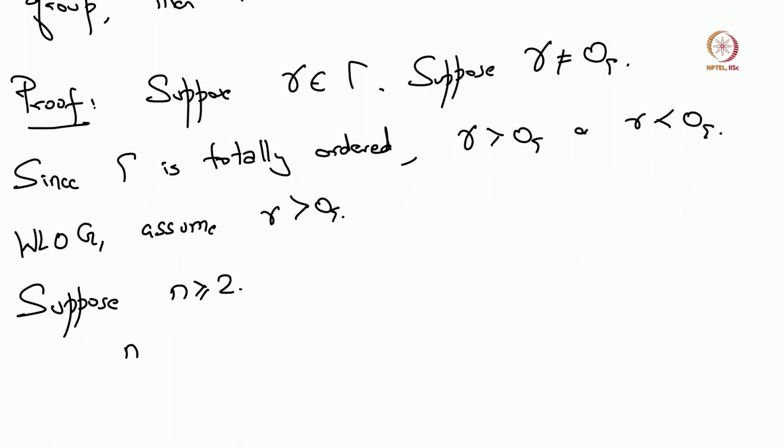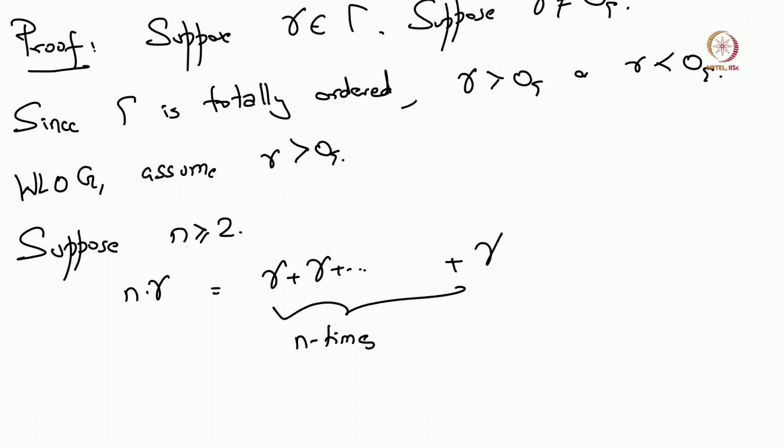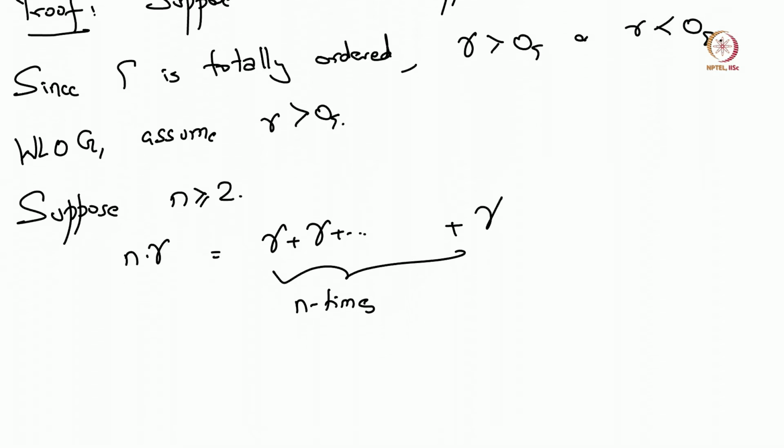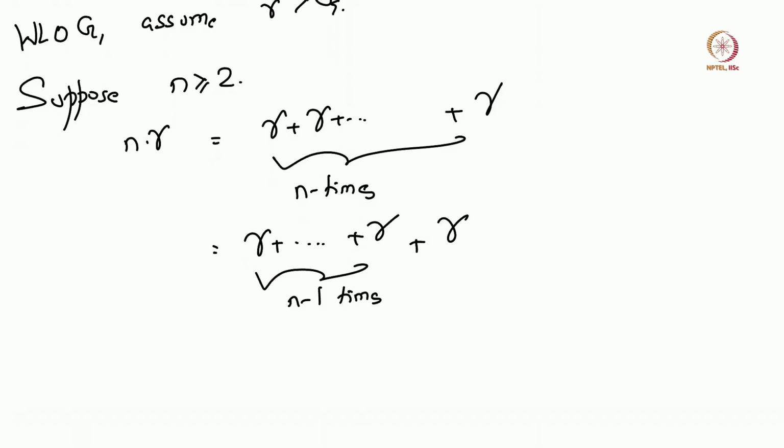Now if you add gamma n times, that's the same as n times gamma by definition. I'm adding gamma n times, but just write this as adding gamma n minus 1 times to gamma. And now if you use the compatibility relation, each of the gammas are larger than or equal to 0.